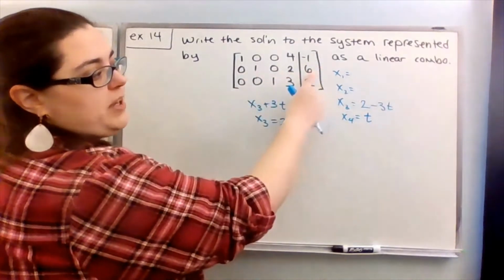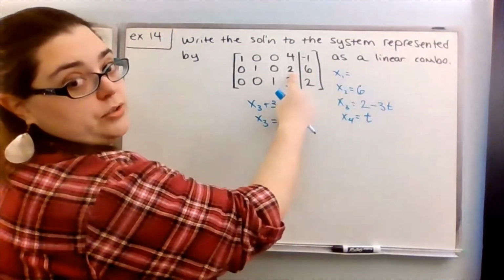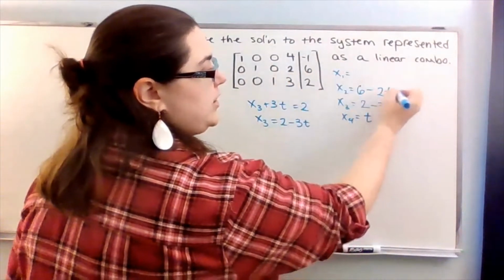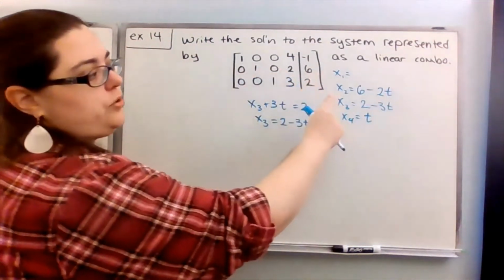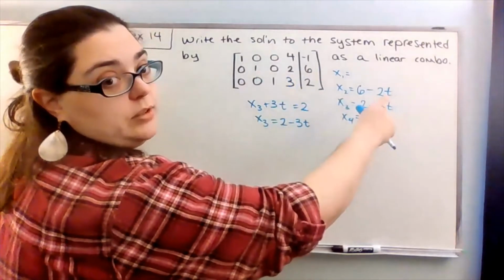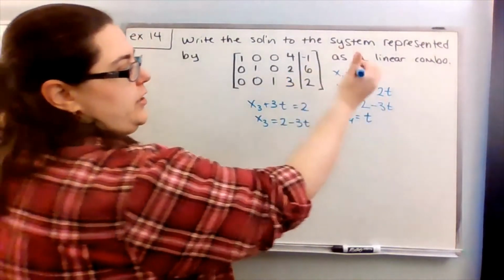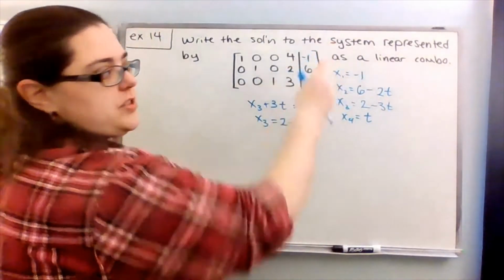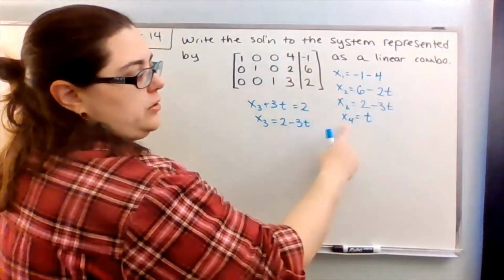So I know this is my constant value 6, and then I'm going to subtract 2 of x4, or in this case, 2t. So I can go directly from this line to my result here. I can do the same thing for the first row. I have -1. I'm going to have to subtract this to move it to the other side, and it's in the column for x4, which is t.